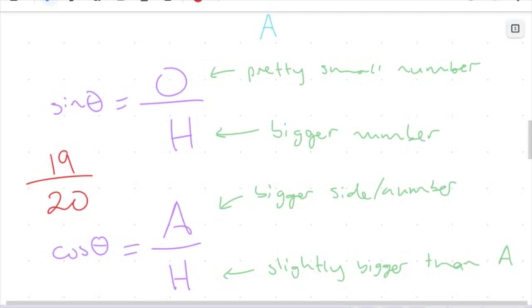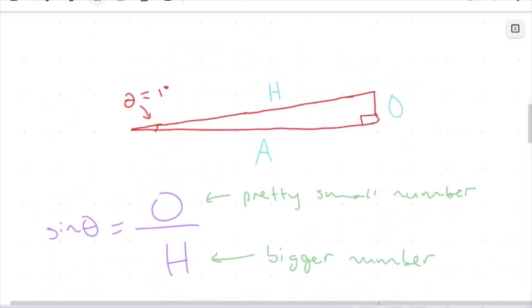So if I have a bigger number divided by a slightly bigger number than that, I'm going to get something quite close to 1, aren't I? If I do, for example, 19 over 20 in my calculator, I'm going to get 0.95, a number that's pretty close to 1. Now, in this case, for a very small angle of 1 degree, the size of the adjacent is going to be almost the same as the hypotenuse.